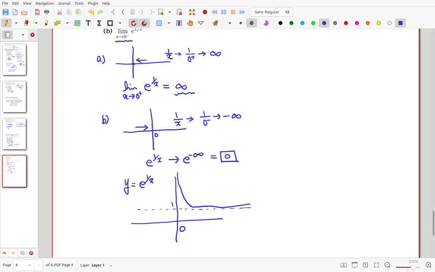Now for the other side, once x is negative, the value never goes up above 1. But once x goes to negative infinity, then 1 over x is approaching 0, so the value is almost 1. So from here it is increasing, approaching 1, like that. So the picture of the function can be made in this way. It's a little bit ugly, but anyway, this is the main idea of how it behaves.